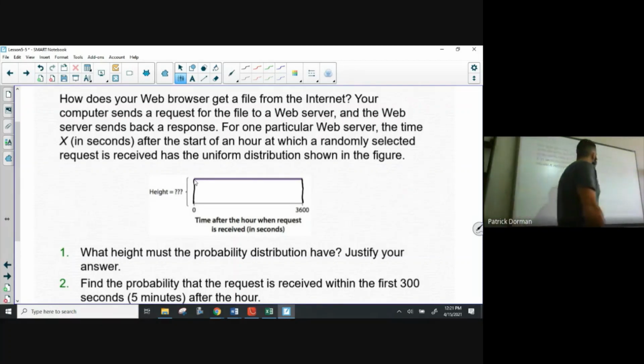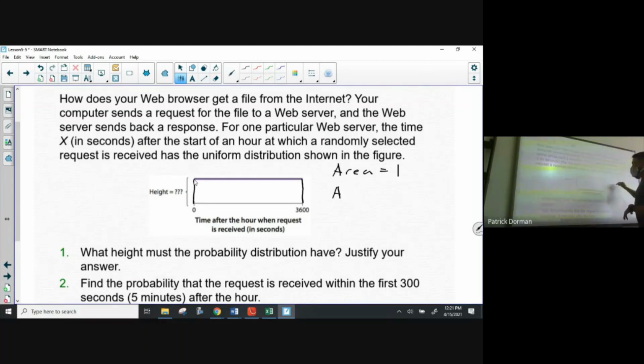So what we're going to use is the idea of the area. Remember, we wrote down that the area underneath the curve, this one's a straight line, should be equal to what, right? We also know that area is equal to, well, it says height, but let's say length times height.